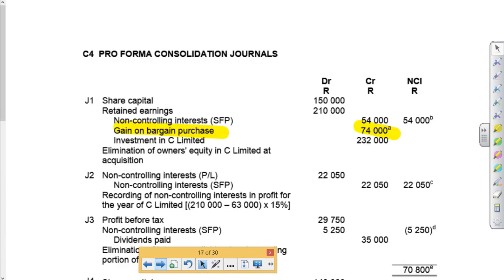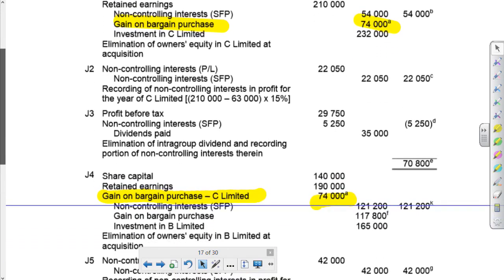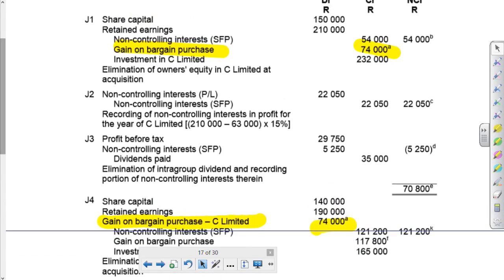Okay, so pro forma journal entries, they have a piece of bargain there, and then they reverse it here. Do you see? So when they record the first journal, they land up with a bargain, but then it gets reversed here. Our journal would have landed up with an asset, a goodwill, which we would have reversed here. It's the same thing. And then we land up with the true bargain purchase of 117,800.